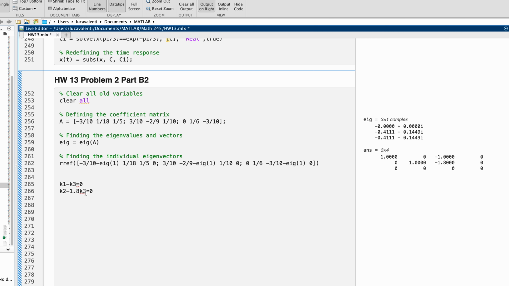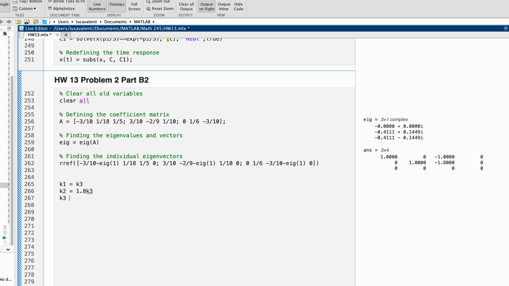So now what do we do? Well, we can add this to both sides, and it comes over here with a positive right here. And now we know that we can say that K1, we can add this to both sides. And so now we just need to define K3.